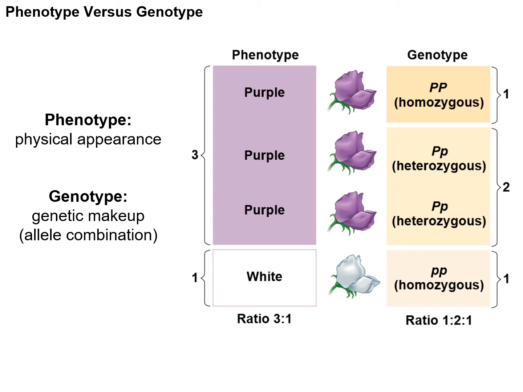The genotypic ratio, or the allele combinations, for the same results is 1 to 2 to 1, meaning then that there is a 25% chance of having plants that are homozygous dominant, a 50% chance of having heterozygous flowers, and a 25% chance of having homozygous recessive flowers. So as we proceed with working with Punnett squares, keep in mind that you will have to determine both phenotypic and genotypic ratios for the squares you'll be working.